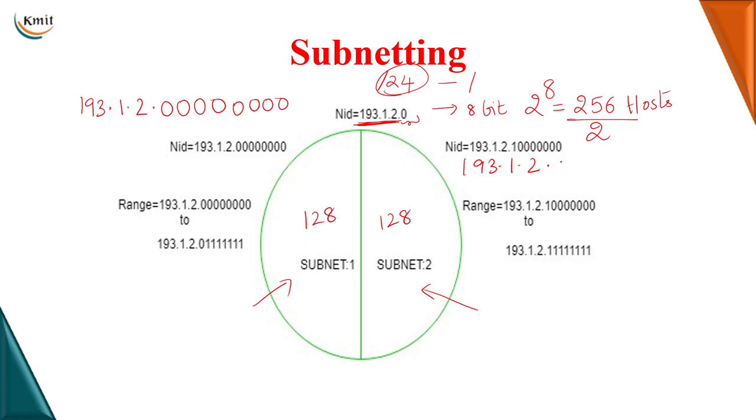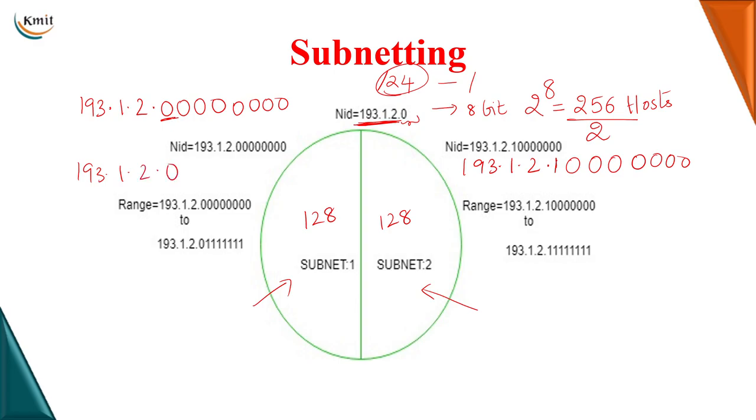193.1.2. Here I am using a 0 bit to specify that this is one subnet, and a bit 1 to specify that it is the second network. So this is the first subnet and this is the second subnet. The range will go from 193.1.2.000 to 193.1.2.